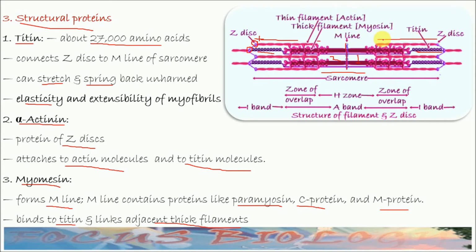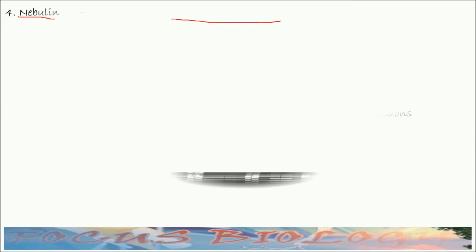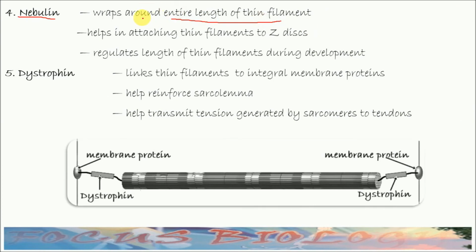So it wraps around the entire length of the thin filament. It helps in attaching thin filaments to Z discs, and nebulin regulates the length of thin filaments during development.